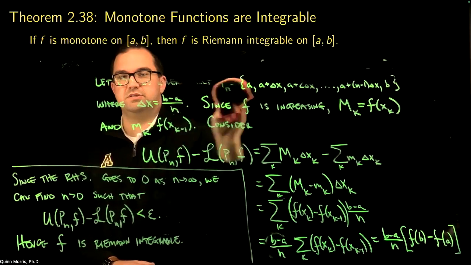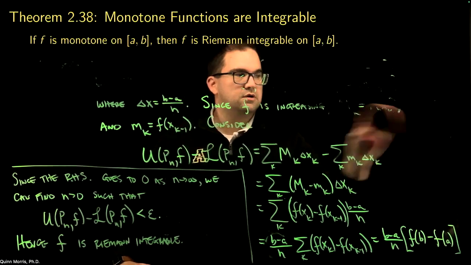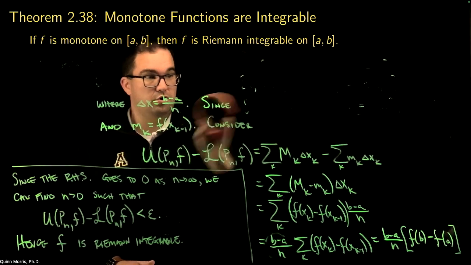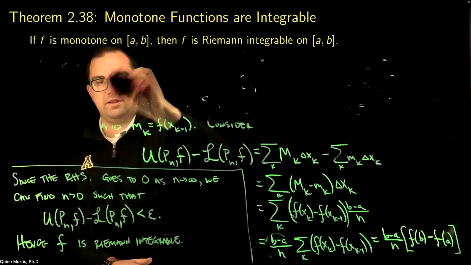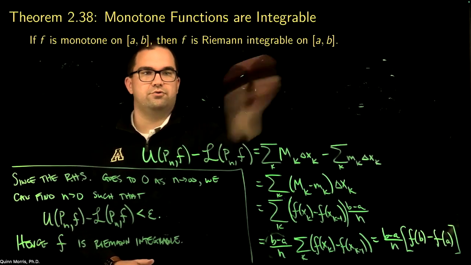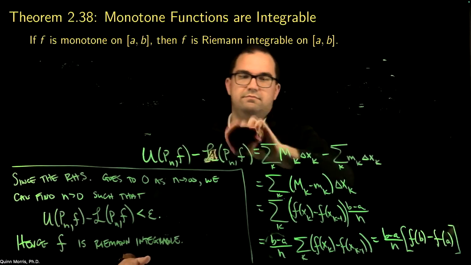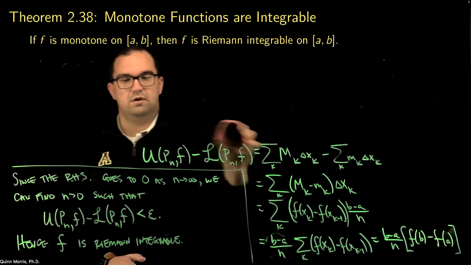That class of functions is larger now, we know, than the continuous functions. We also know it's larger than the set of monotone functions. So actually, there are quite a lot of functions, relatively speaking, which are Riemann integrable as compared to, say, all the functions that are differentiable.